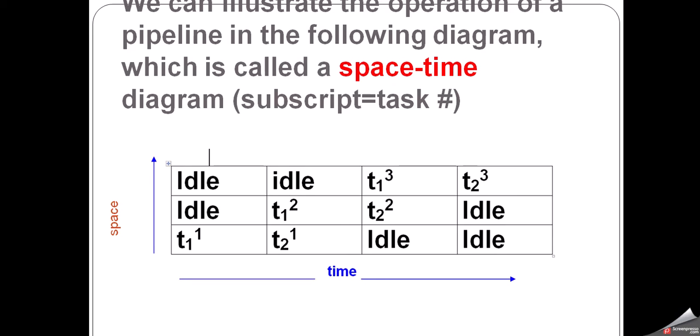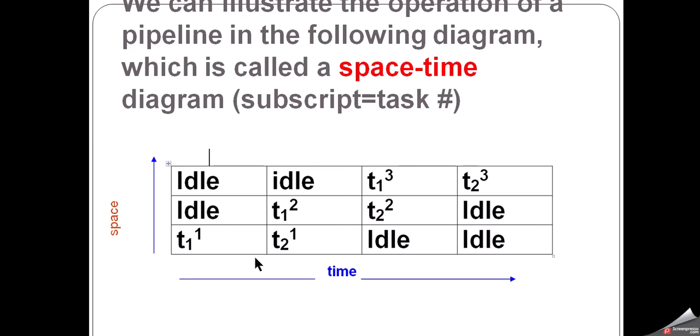So what this diagram shows you is task 1 in stage 1. The superscript is the stage that this task is being processed by. The second stage is not doing anything, it's idle, it hasn't been given any work to do. And the third stage is again idle.